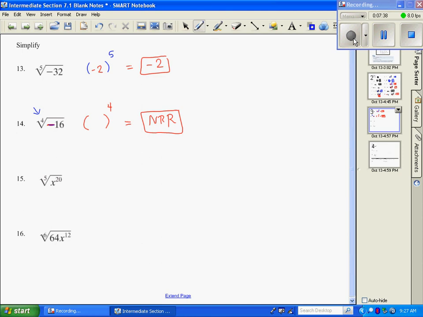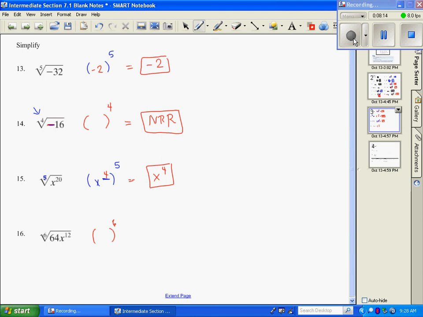Alright, number 15, we want to know something to the 5th power because my index is a 5. So x, I need to figure out what goes there. Well, to get that, a power to a power you multiply, so our value is going to be x to the 4th. And then the last thing we have is going to be what to the 6th power, so I need to know what number multiplied 6 times gives me 64.